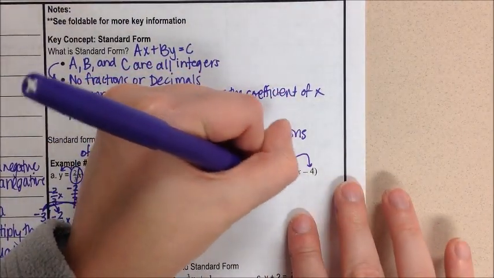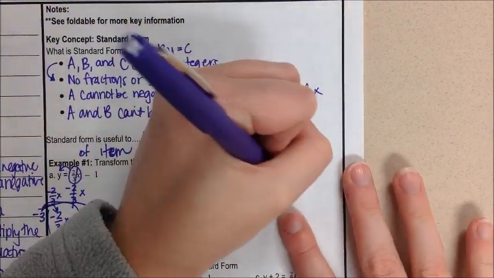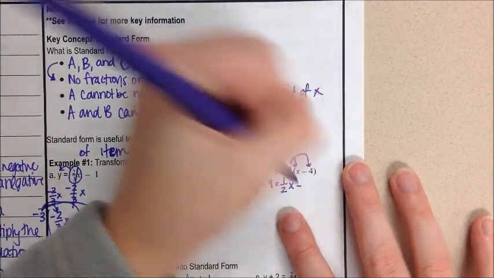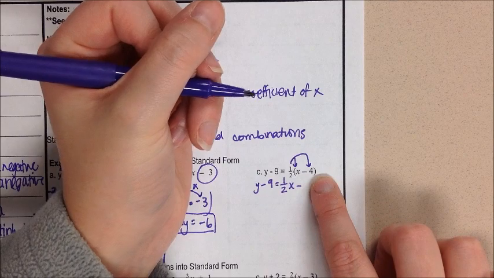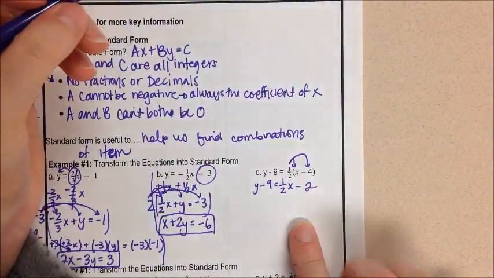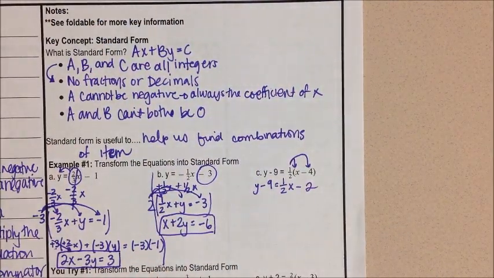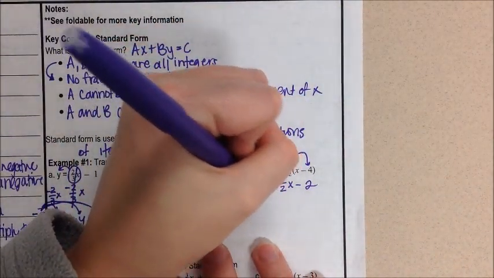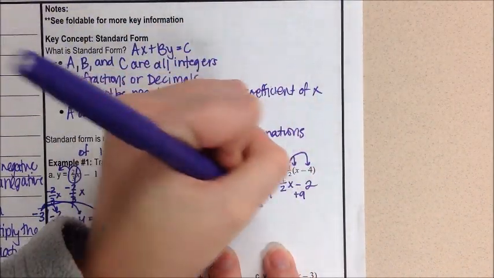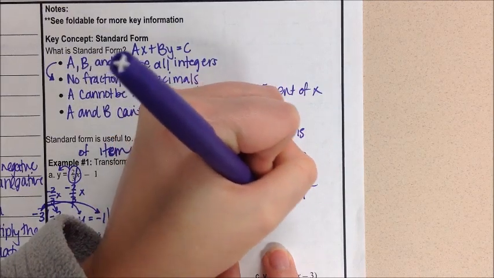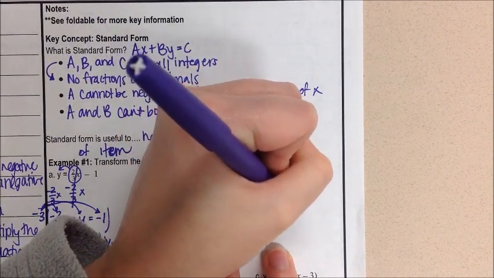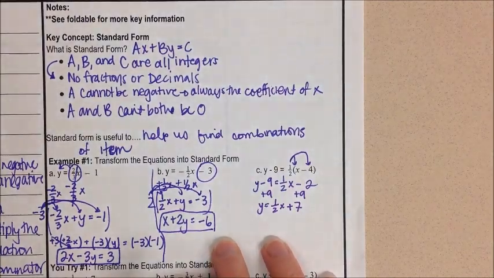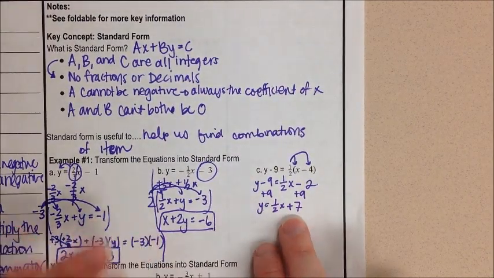So I have y minus 9 equals, well, 1/2 times x is 1/2 x, and then 1/2 of 4 is 2. Okay, now I need to get all the variables on one side and the constants on the other. So I'm going to add 9 to both sides. So then I have y equals 1/2 x plus 7. Okay, so there's slope intercept form.